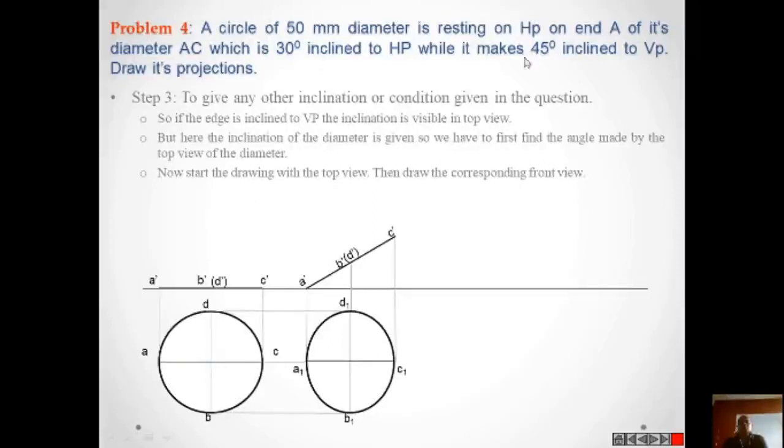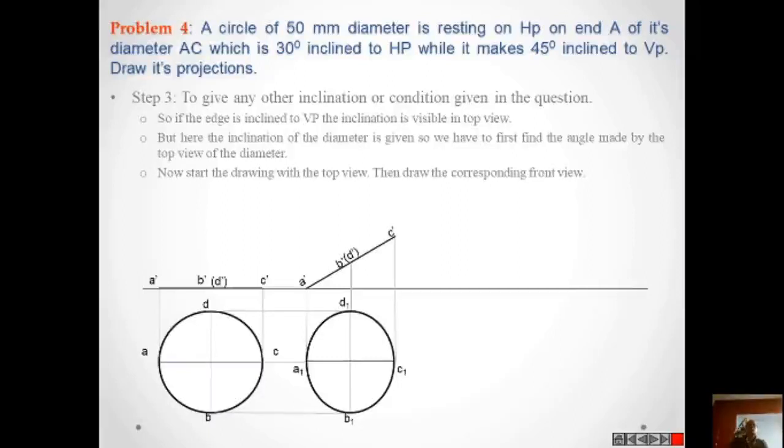AC is making an angle of 45 degrees to VP. In the previous question, the top view is making an angle, so the top view was rotated here and we drew it easily. Now here in this question, instead of giving inclination of A1C1, he has given inclination of AC. So how to draw it?